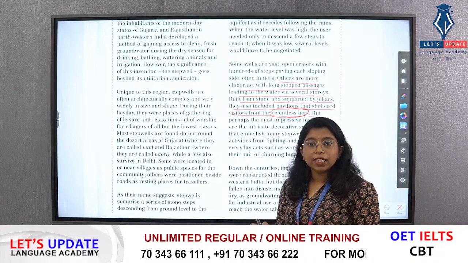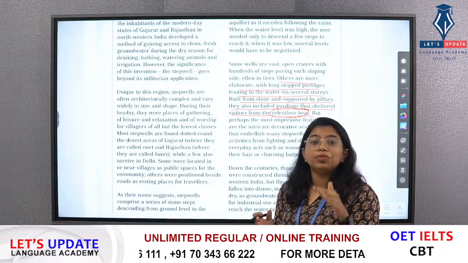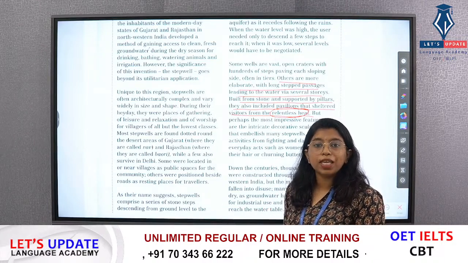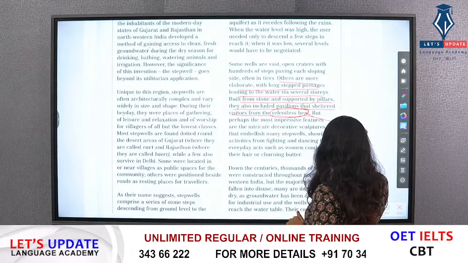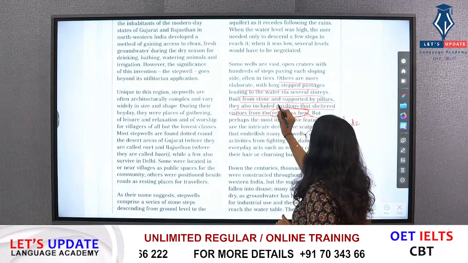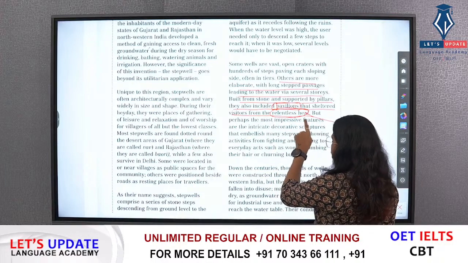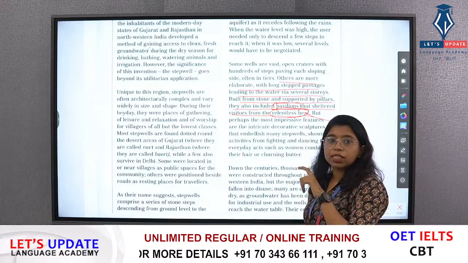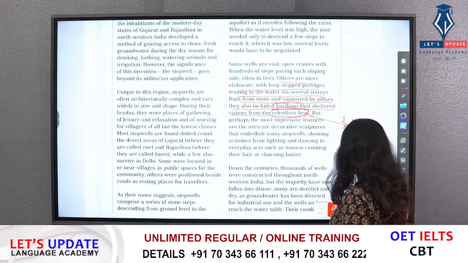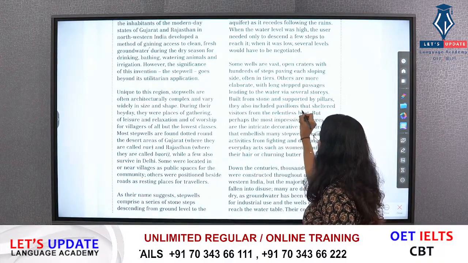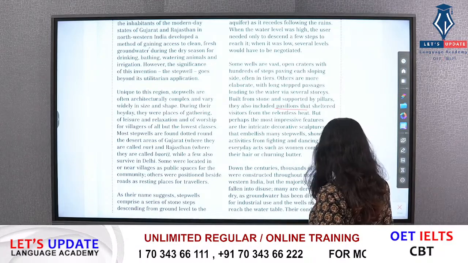In the heat, we used to sit or stand under some shade in order to escape from the relentless heat. So we are looking for a shade, and the answer is pavilion. They built pavilions that sheltered visitors from relentless heat. So the answer is pavilions.